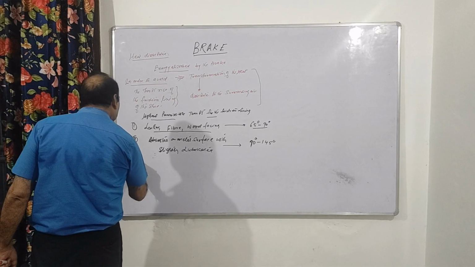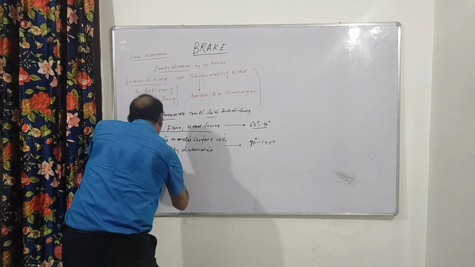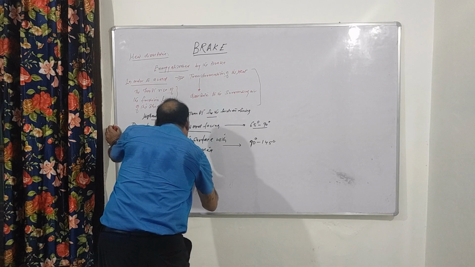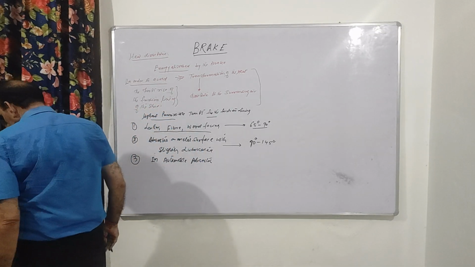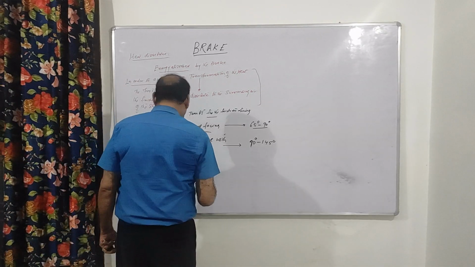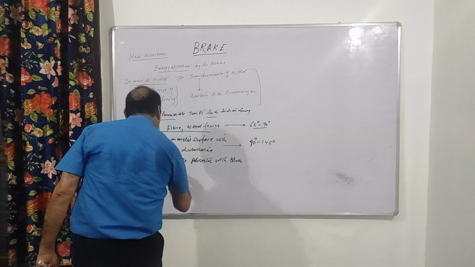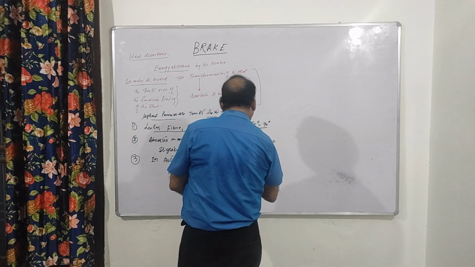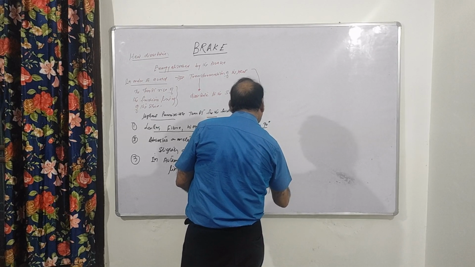And the third one is automobiles, asbestos with block lining. In this case, this will withstand the temperature up to 180 degrees to 225 degrees centigrade.